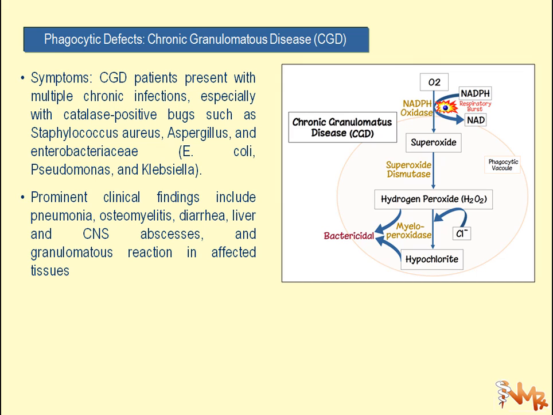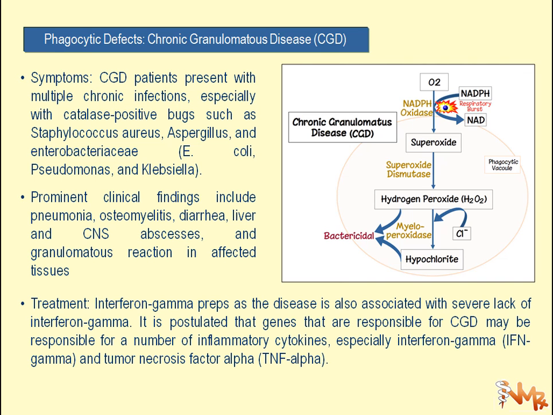Why? Because neutrophils and macrophages can phagocytize the bugs, but they cannot destroy them. So the other immune cells of the body recognize presence of the antigens inside the cells of the innate system.